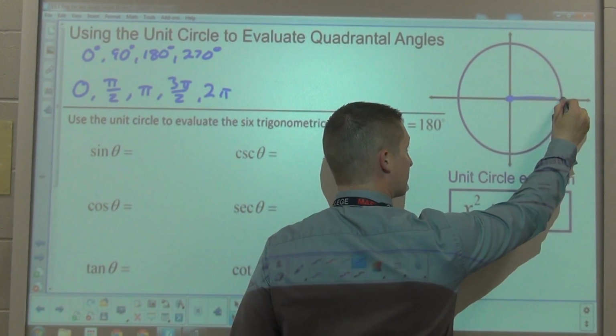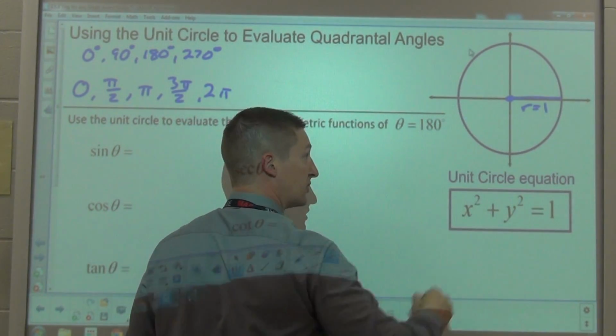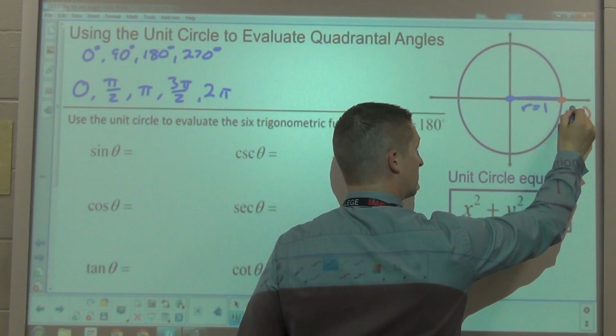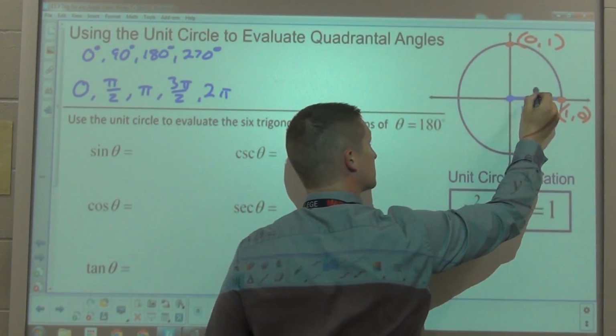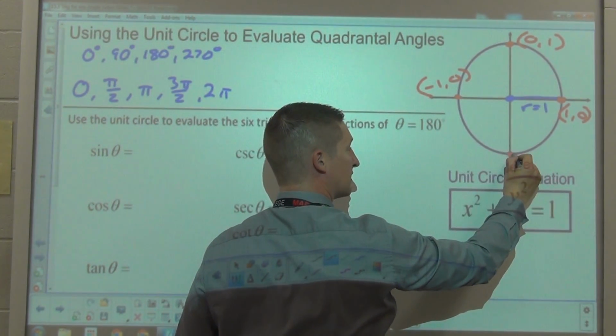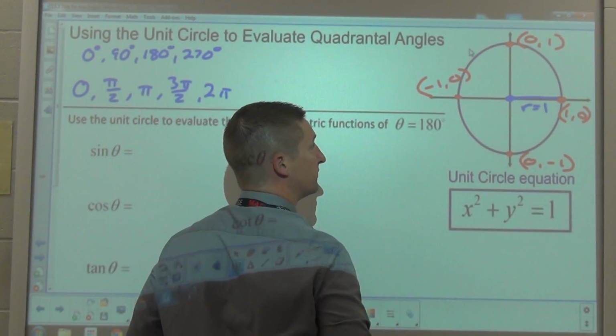If the radius is equal to 1, it means that the points through which this circle is passing would be 1, 0 on the x-axis, 0, 1 on the y-axis here. I'd have negative 1, 0 on the x-axis to the left, and 0, negative 1 on the y-axis down below.